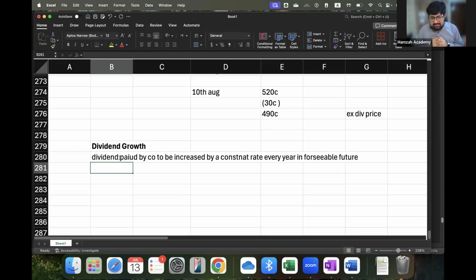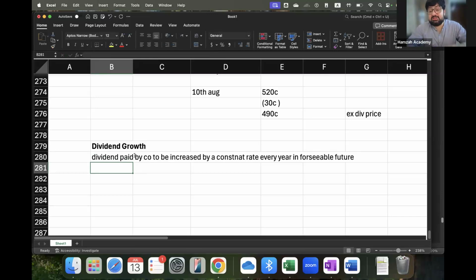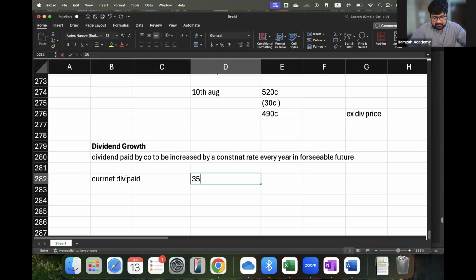Now, in this case, this is perpetuity with growth. For example, the current dividend the company paid is 35 cents.